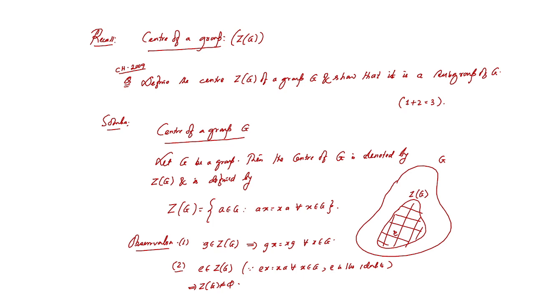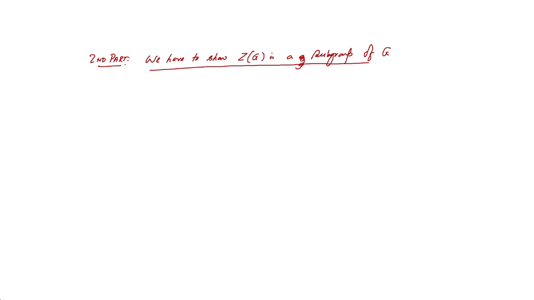So now we'll come to the second part of the question paper. It is a subgroup of G. So this is the first part of the question, the center, the definition. And the second part, what we have to show: Z(G), the center of a group, is a subgroup of the group G. Now the question is, what is Z(G) here?